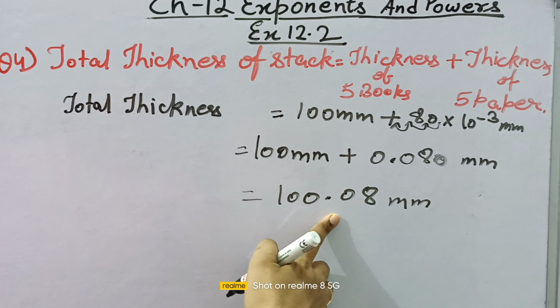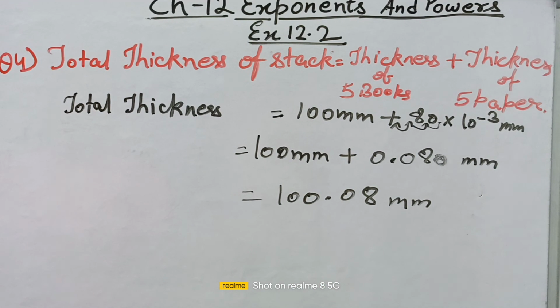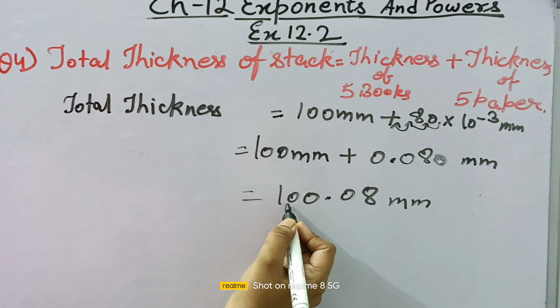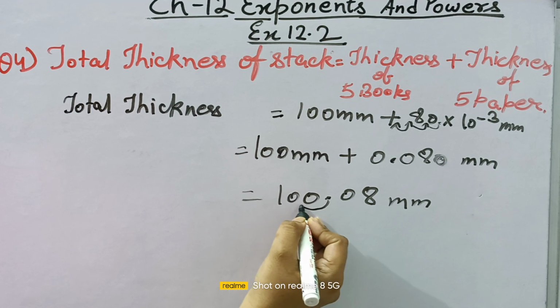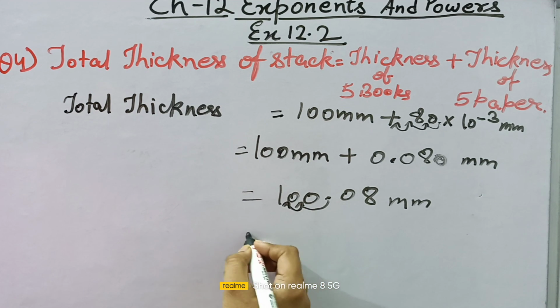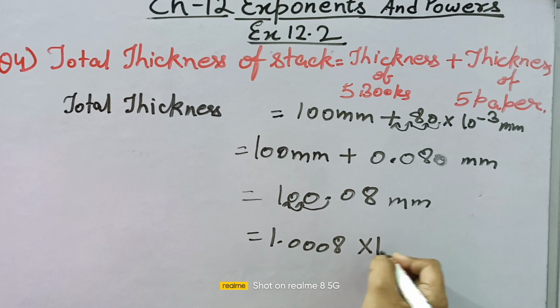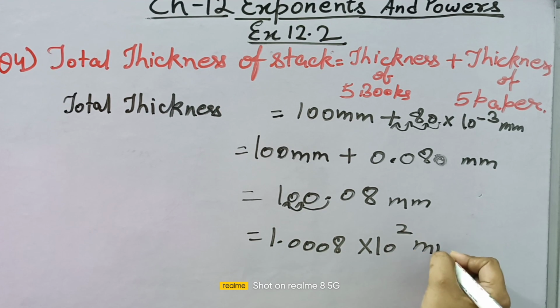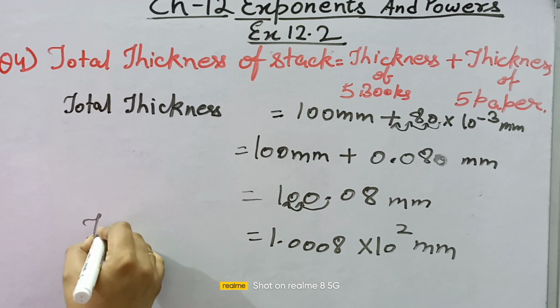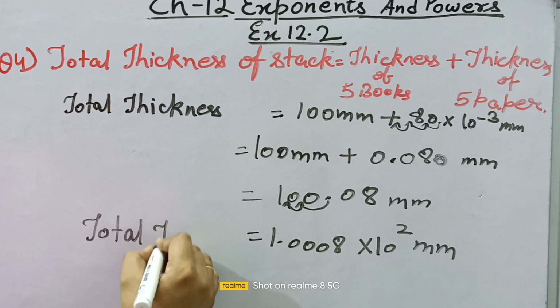You can leave your answer here or you can write it in terms of exponents by shifting your decimal towards right. You can shift your decimal 1 and 2 times and you can write 1.0008 multiplied with 10 raised to the power 2 mm. This is your total thickness.